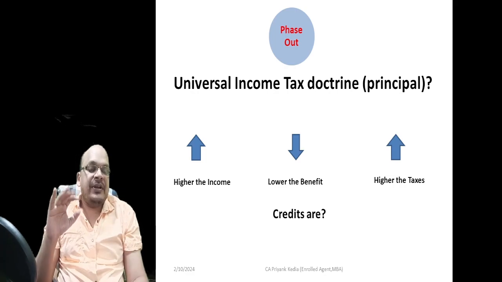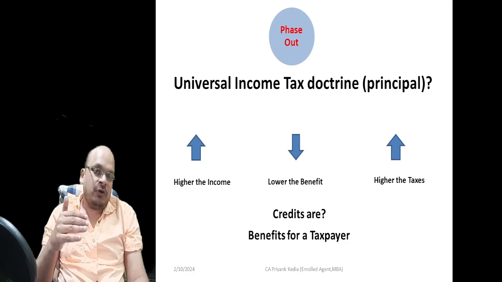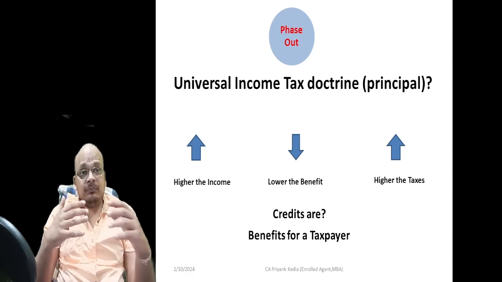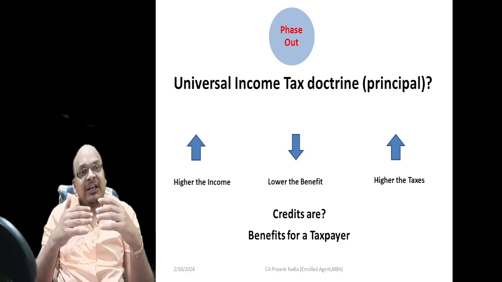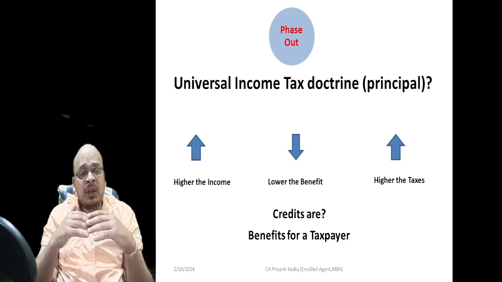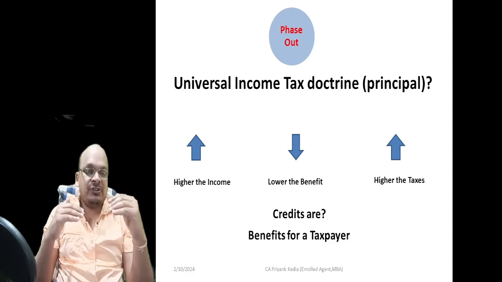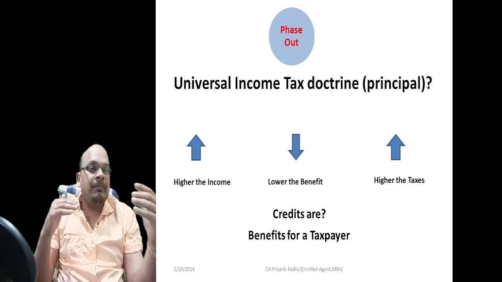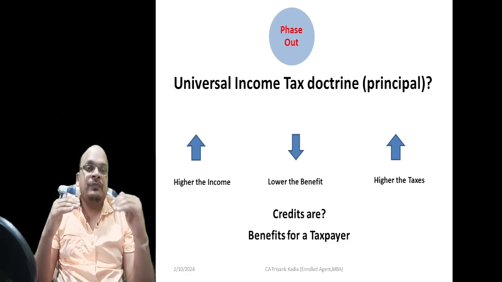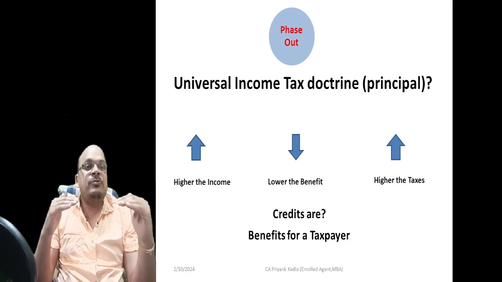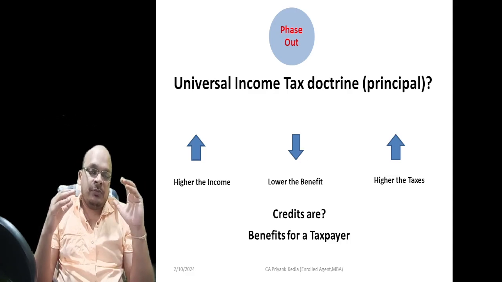And as we know, credits are actually benefits for a particular taxpayer. It simply means that if a taxpayer has higher income beyond a threshold limit, then his eligibility for a particular benefit or credit will start reducing. And at a certain point, this benefit will become zero, right?